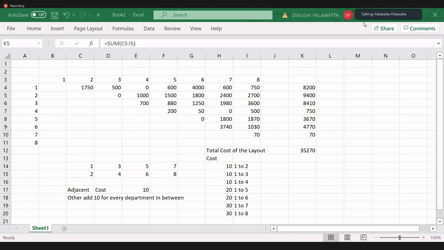So then 17. Okay, so are there any other mistakes? So then the total cost of the layout is 34,740.